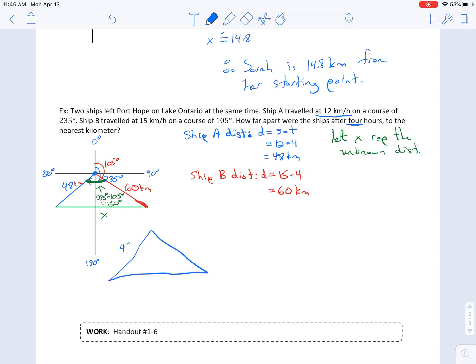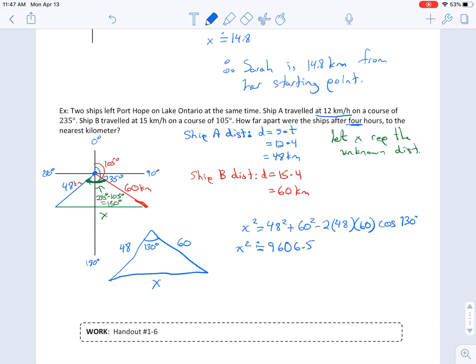I'm just going to redraw this, something like that. And here's my x. Again, we end up in a situation where I've got a side, an angle, and a side. So I can use the cosine law and plug it all in.